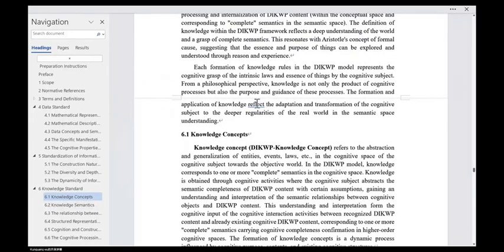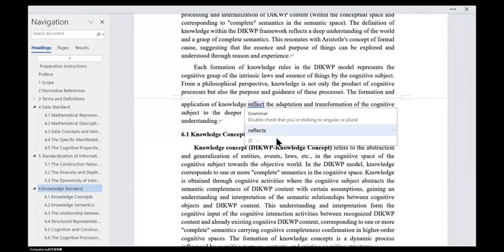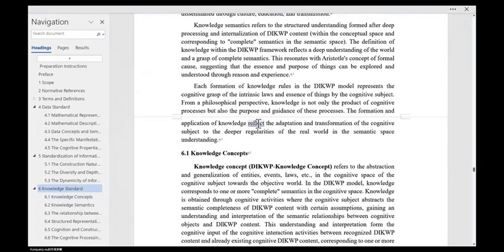The reflect. You missed it. Yes, this is where you put it.